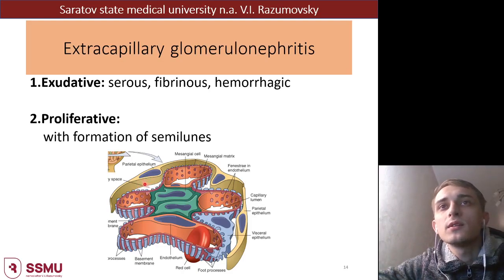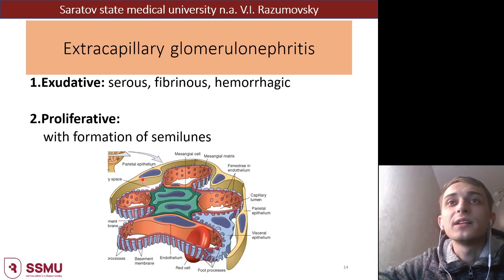The most typical and most malignant type of extracapillary glomerulonephritis is the proliferative one. In case of its development, we may see proliferation of the cells of the capsule, and it will lead to compression of vessels and development of connective tissue in this place and sclerosis of glomeruli. This process has a malignant course and will very fast lead to death of the patient.